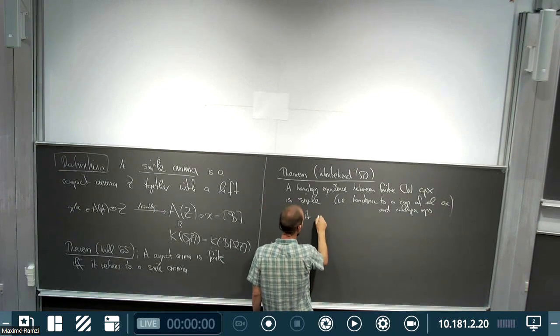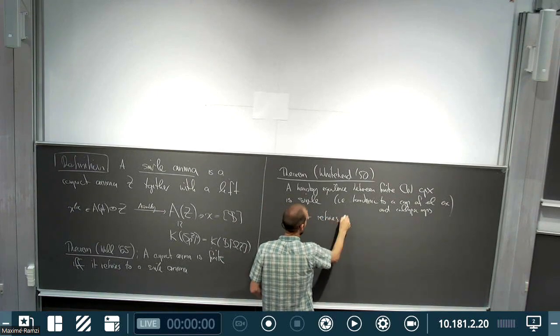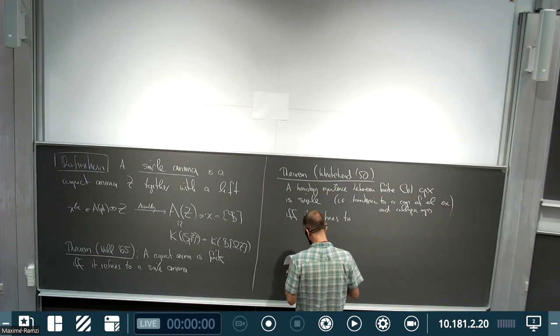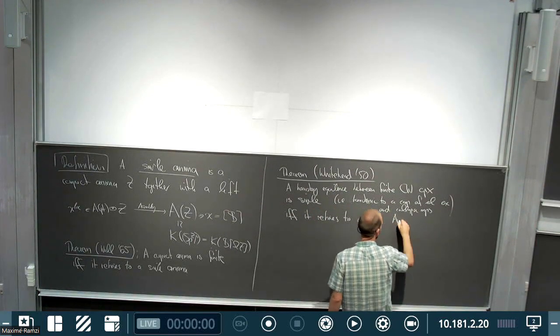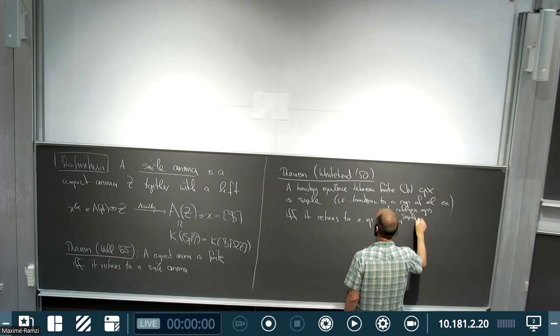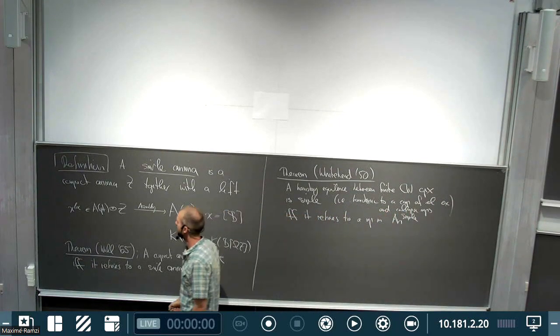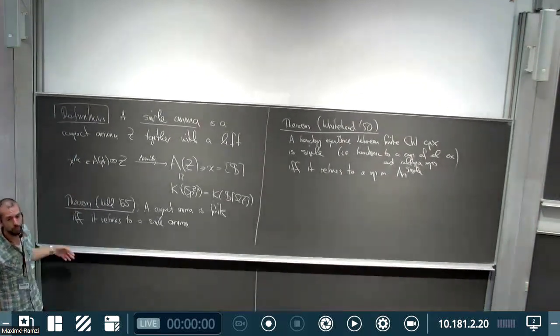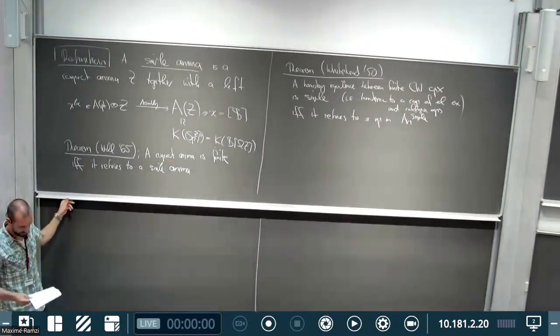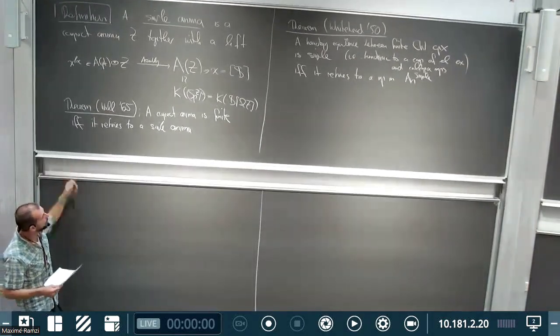And the statement is: a map is a simple homotopy equivalence if and only if it refines to a map in anima simple. Maybe I actually only give you the definition here. I should have said how this becomes itself an infinity groupoid. How do you do that?